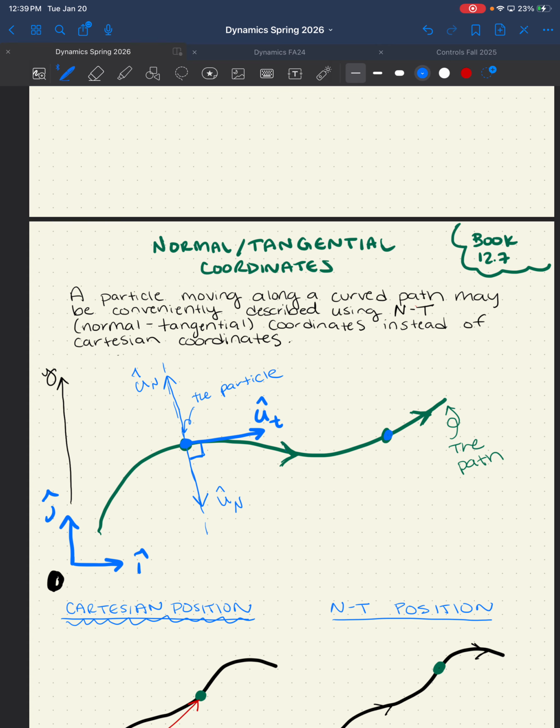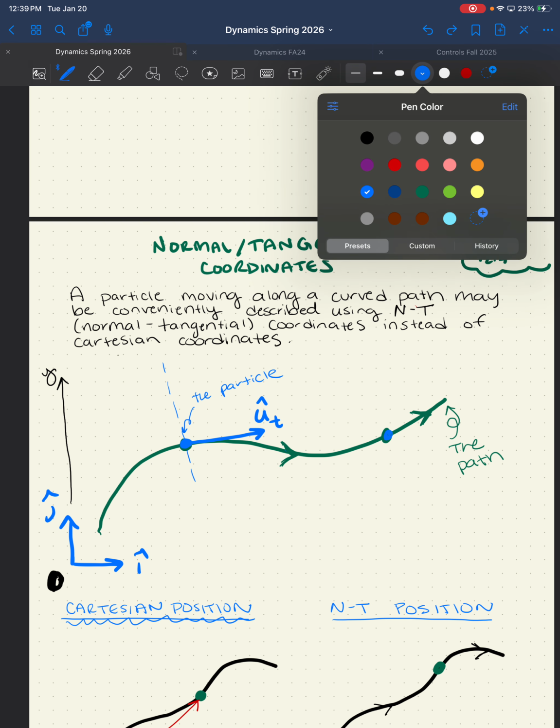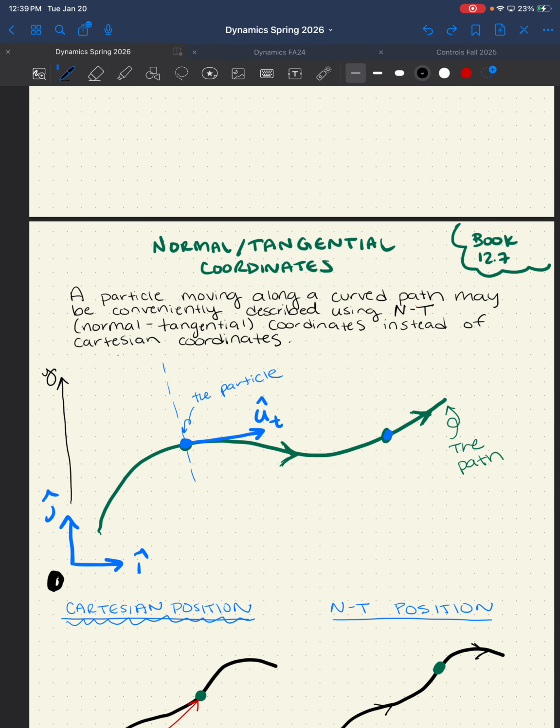If I were to look at the curve at a point very close to the current location of my particle, and I fit a circle to that path that matched the curvature of that path right at that instant, that is what we would consider the curvature of the path.